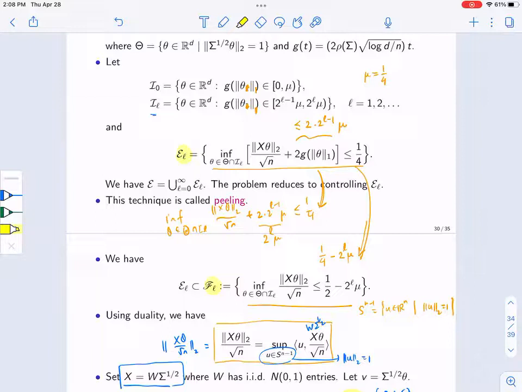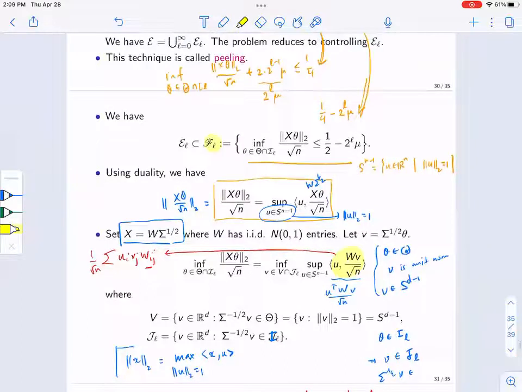And then over these smaller events, I can lower bound this by 2^(L-1) mu. So because this holds, then the lower bound has to be less than 1/4. So this implies this, and so this implies that. There's a logical implication, which means that this event is inside the other event.